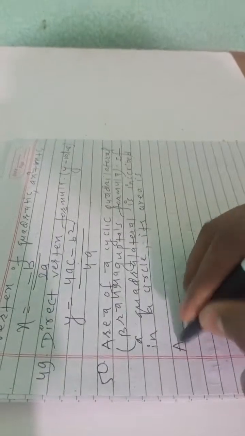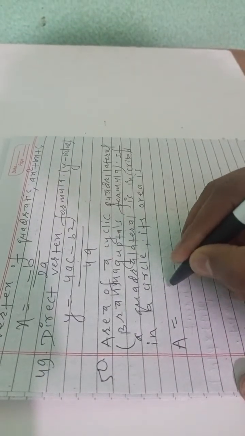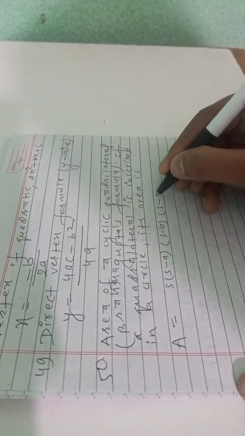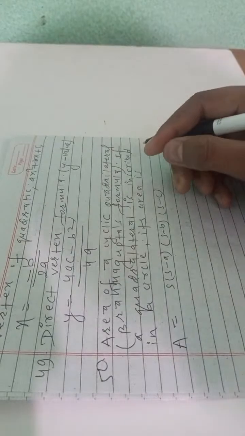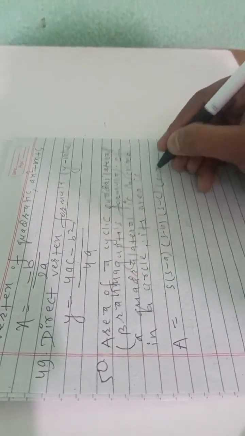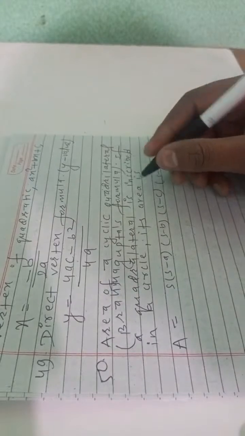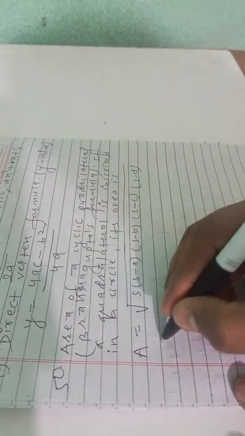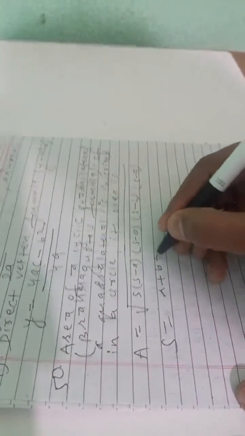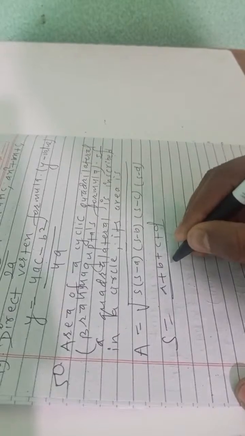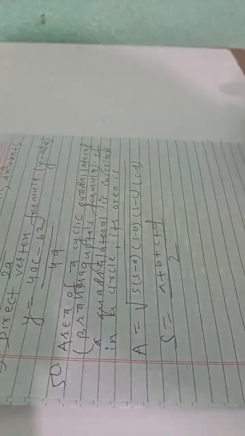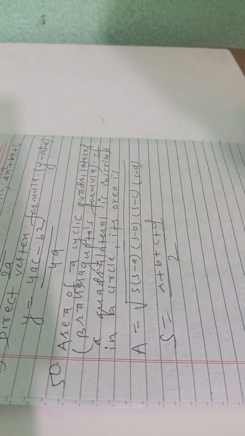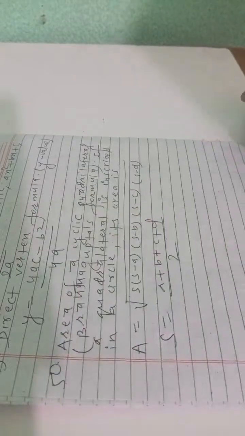Area A is equal to the square root of S minus A, S minus B, S minus C, and S minus D. For the semi perimeter, S is A plus B plus C plus D divided by 2. This is Brahmagupta's formula.